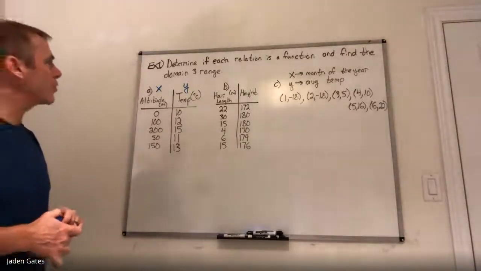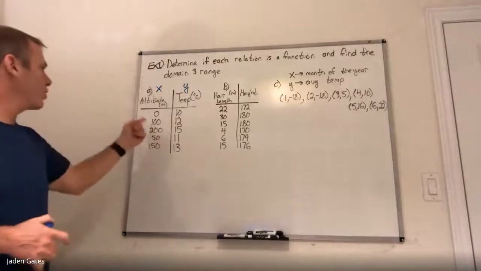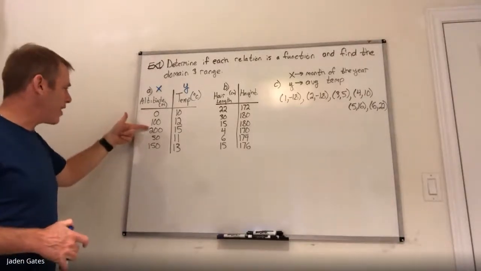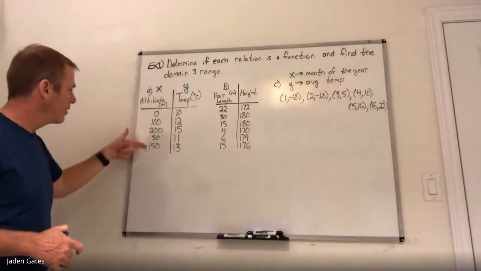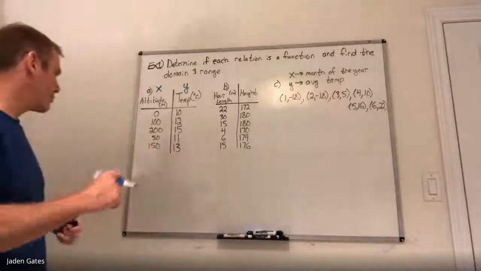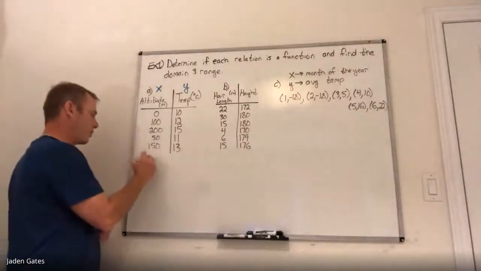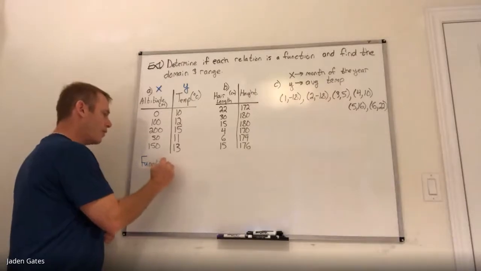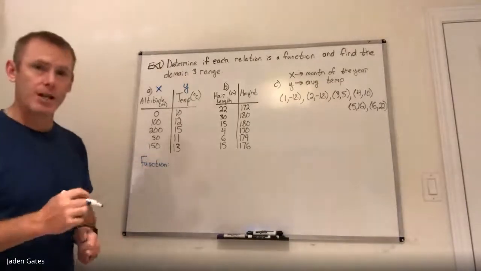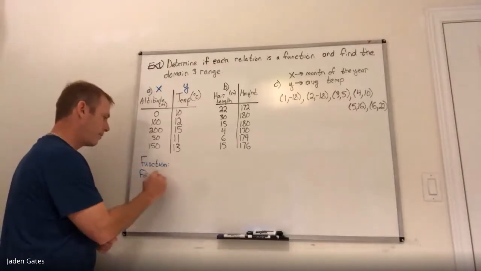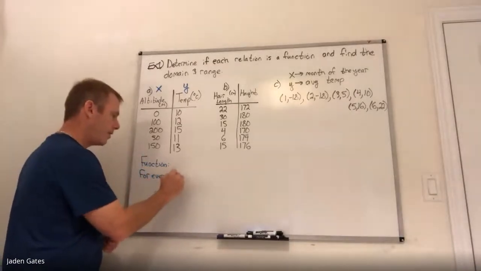All right, now I don't have a graph, and so what I'm looking at is, first of all, are there any x values repeated? And there aren't. And so, again, it's going to take a couple examples, but in this case, this is a function. And the reason, which you are going to have to state on tests and quizzes, is that for every x, there is one y.